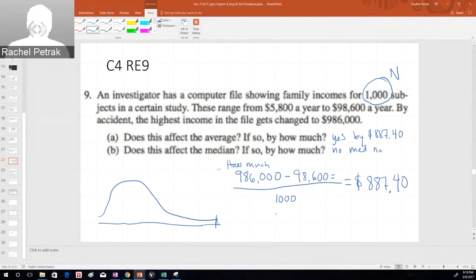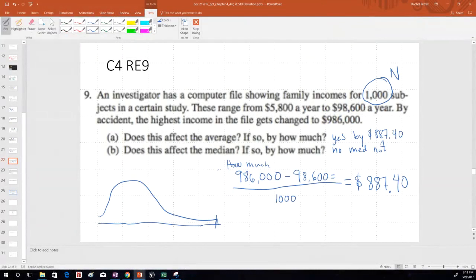And the reason the median is not affected by outliers is that it doesn't matter if that highest score goes up or not. Each score just counts for one. It just counts as its own frequency.